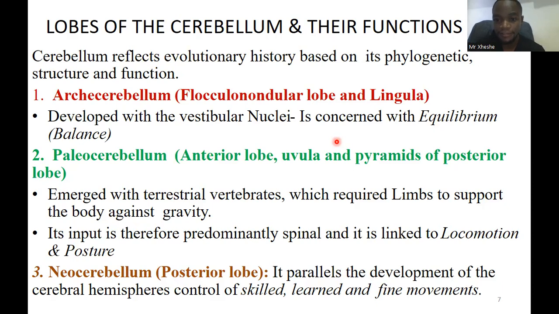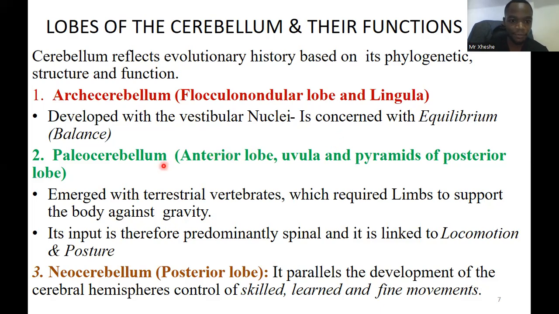Next is ingestion. They have to eat. Later on is excretion. And they also have the ability to survive, that is, to detect what is dangerous and run away from it. That's all. And maybe reproduction, because they have to reproduce their offspring. So this part of the cerebellum is found in even lower organisms.